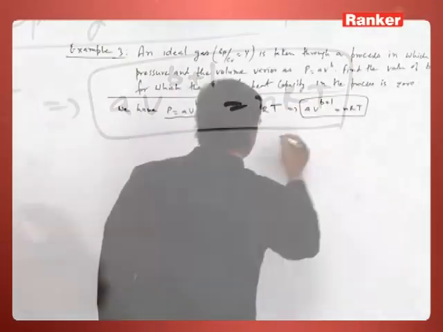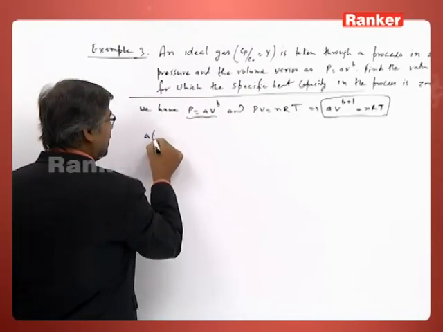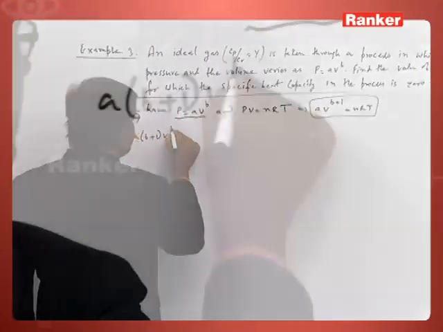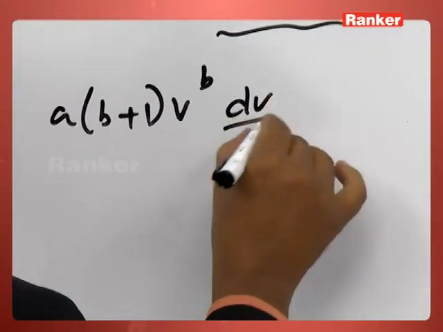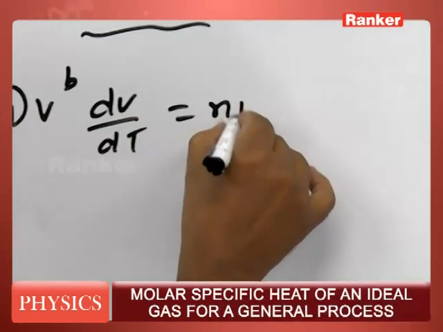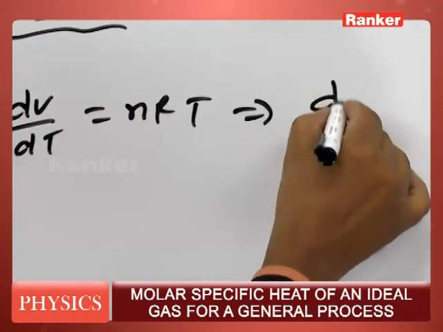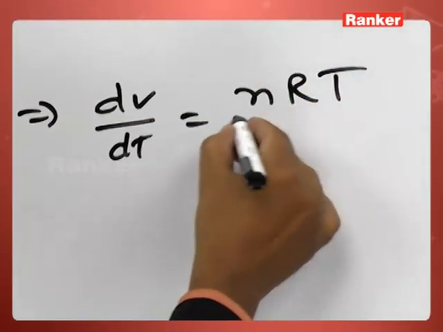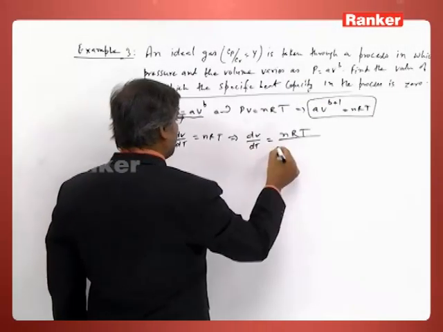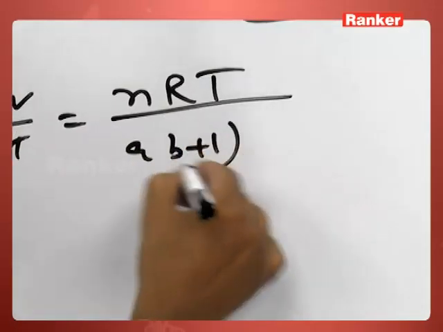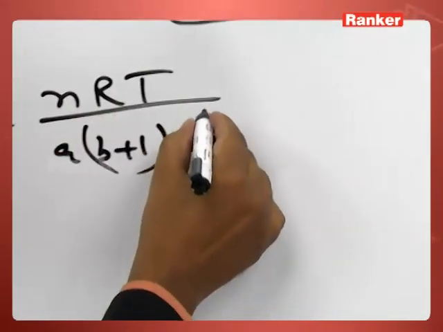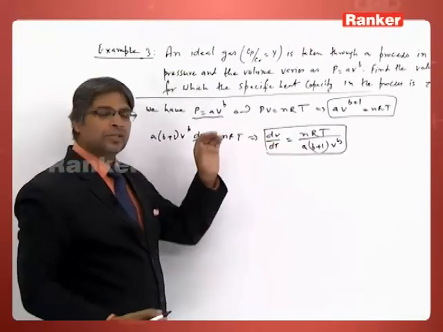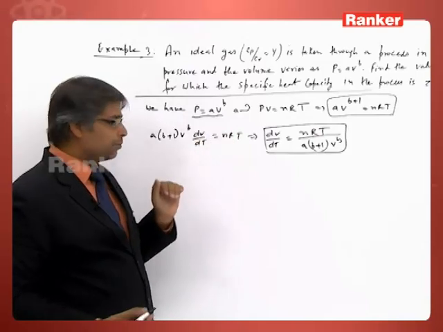Now we will differentiate this. A (B plus 1) V to the power B dV by dT is equal to nR, which implies dV by dT is equal to nR by A (B plus 1) V to the power B. This is how V varies with T.